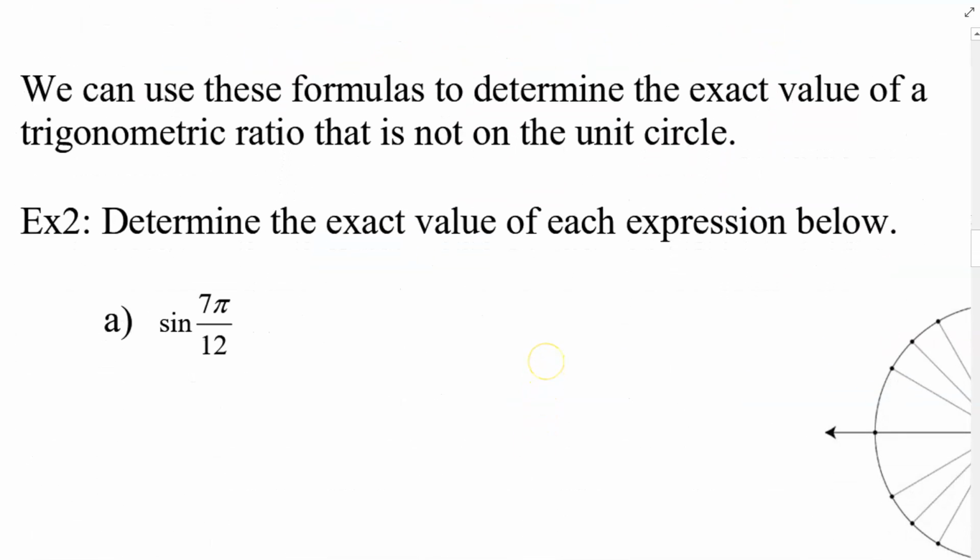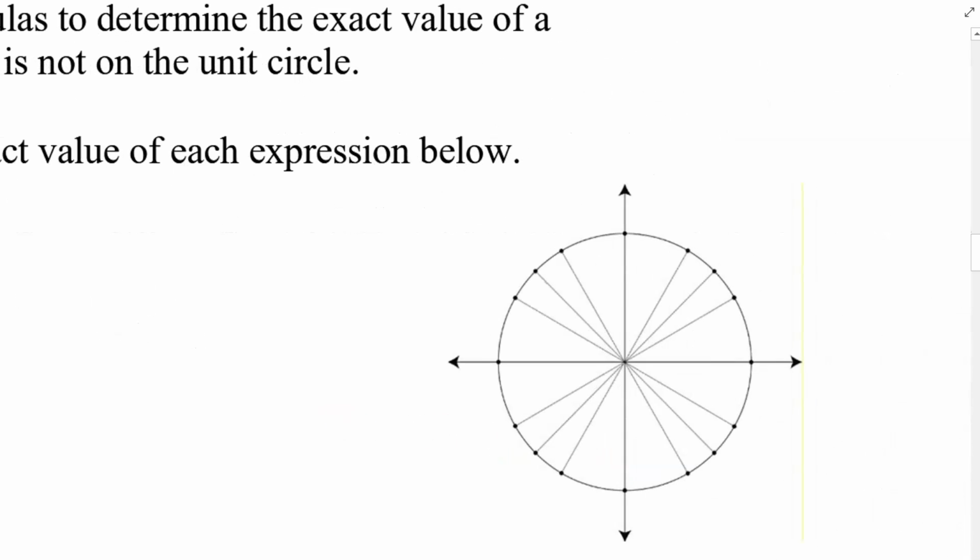Maybe you're going to find this kind of cool. I like this part. It says we can use these formulas to determine the exact value of a trig ratio that is not on the unit circle. Well, actually, it is on the unit circle, but not the ones that we've already figured out. So here's an example of a unit circle with lines for the ones we already know.